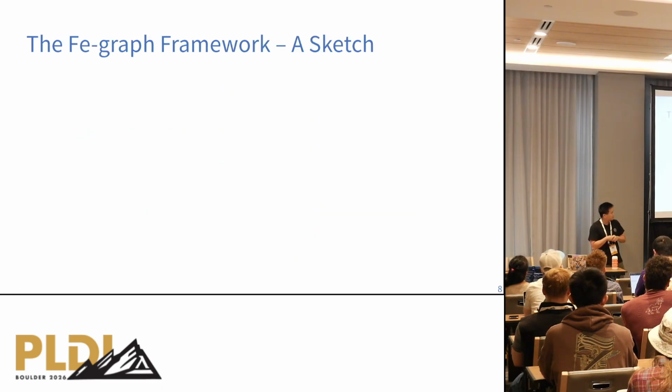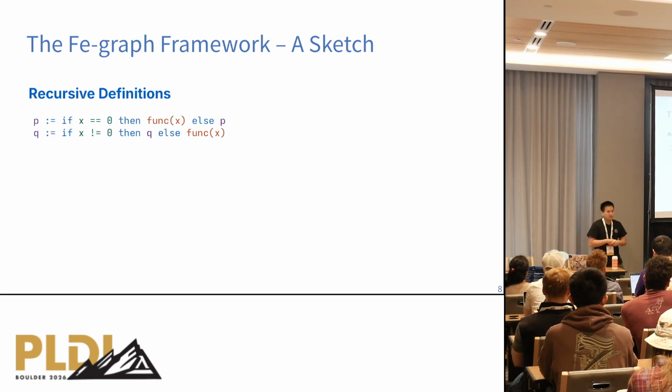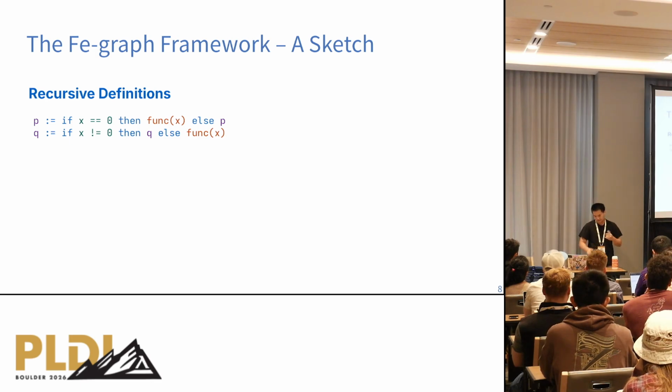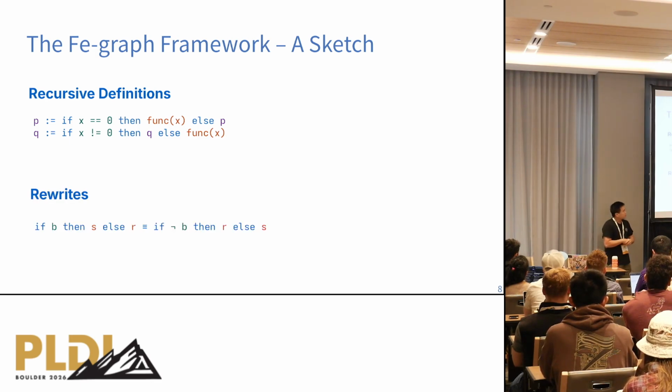We have fixed point eGraph, where the equality is split into two. One of them is recursive definitions, where you define your program, you define your variable, you define your data flow. And then we have rewrites on these recursive definitions, right? And these rewrites allow us to manipulate the fixed point equation to try to exhibit equalities.